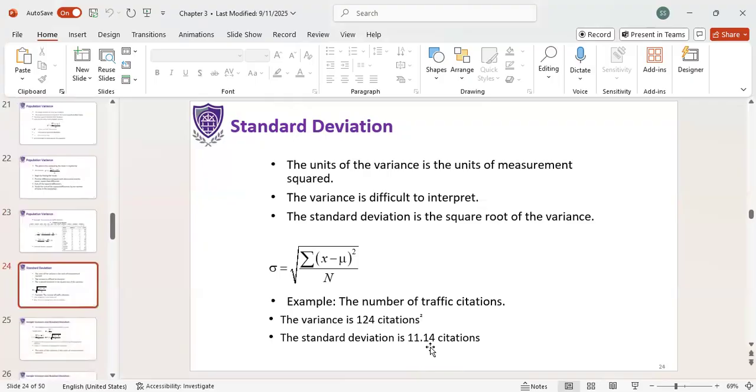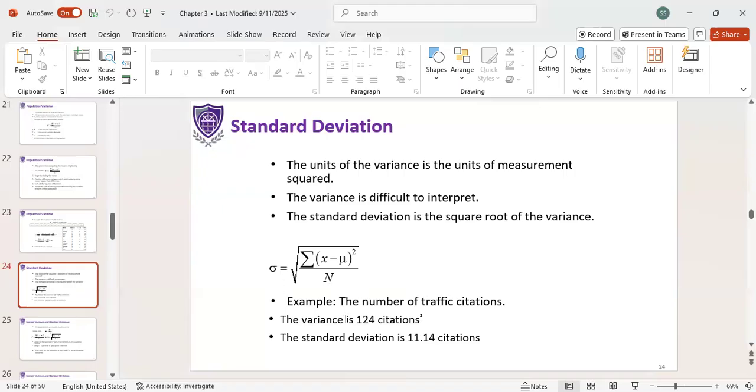To make it a little bit easier to understand and interpret, we use the standard deviation, which is the square root of variance. The good thing about that is that the unit of the standard deviation is exactly the same as your observation.